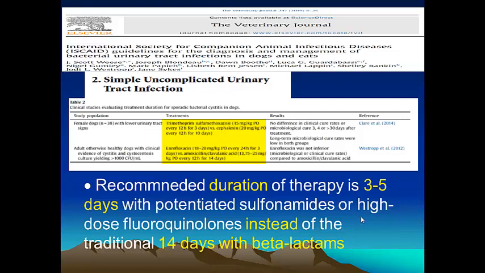And in the other study, they were comparing enrofloxacin every 24 hours for 3 days, with amoxicillin-clavulanic acid twice a day for 14 days. And they say that both protocols were just as effective clinically and microbiologically. So I guess the latest on this issue is that the short duration course is just as good as the long duration course.